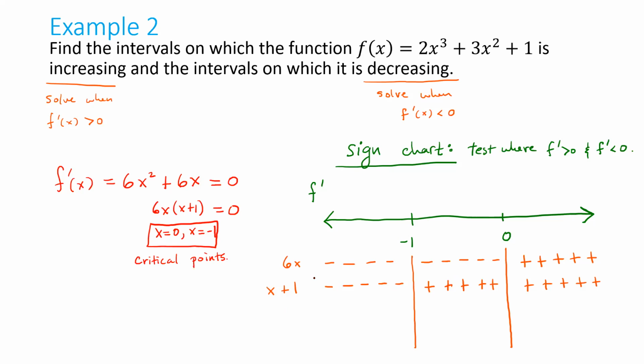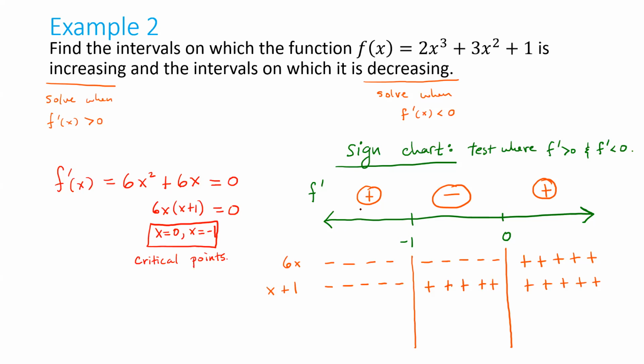Okay. And so putting these two pieces together, let's now remember that f prime is just made up of the product of 6x and x plus 1. So if I do a negative number times a negative number, we're going to get a positive value here. If I do a negative times a positive, we're going to get a negative number here. And if I do a positive times a positive, then we're going to get a positive number here. Okay. So this tells us exactly all the information that we need to know, right?